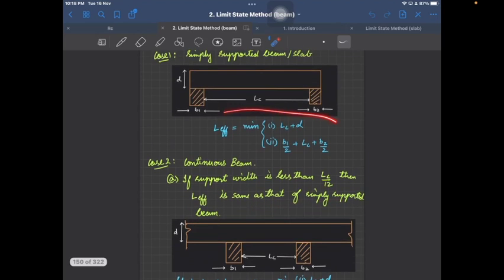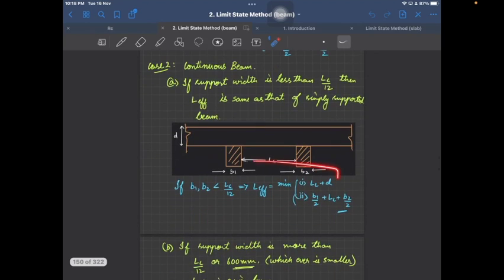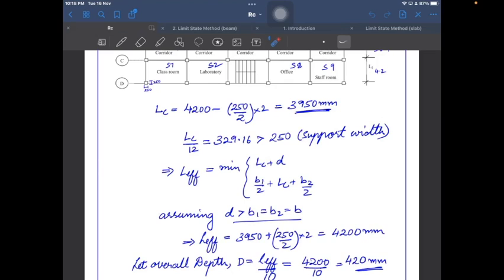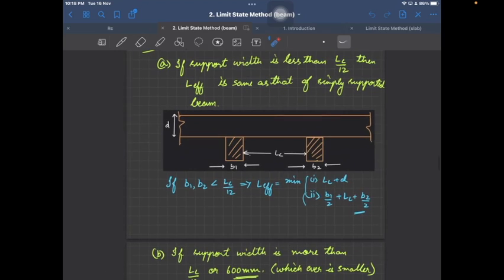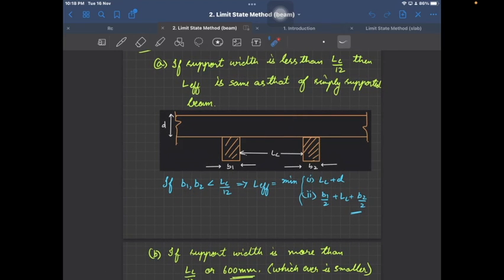What we do for simply supported, we do the same thing when the support width is less than Lc by 12. So we just check the support width here. Our support width is 250 and Lc by 12 is this. Our support width is less than this, so it is satisfying this condition. After it satisfies this condition, we take L effective as the minimum of Lc plus d, or b1 by 2 plus Lc plus b2 by 2.